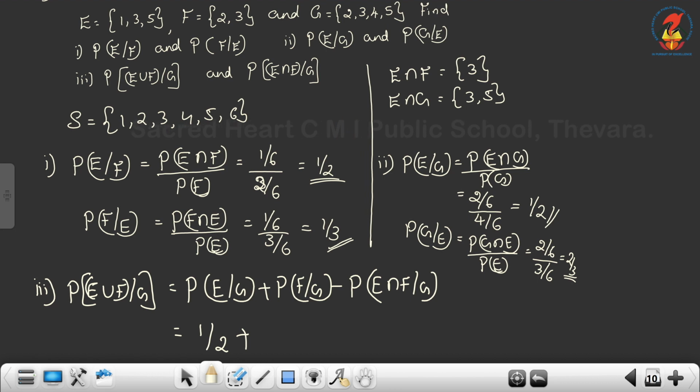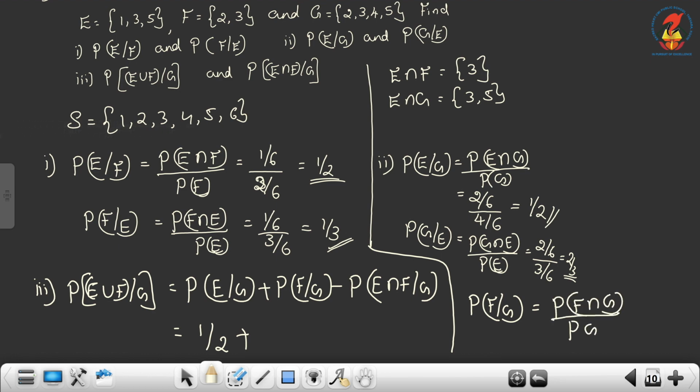No. So we have to find. What is P of F given G? P of F given G is equal to P of F intersection G by P of G. And F and G, what is the intersection? 2 and 3. So 2 out of 6 by G, 4 out of 6. So it is 1 by 2. So F given G is also 1 by 2, minus E intersection F given G.